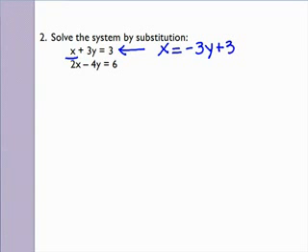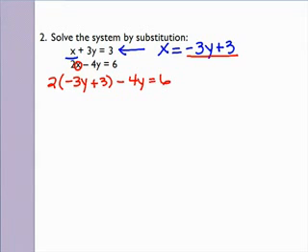So in the second equation, I'm going to replace the x with what x equals. So I have 2 parentheses, negative 3y plus 3, minus 4y equals 6. So we distribute and get negative 6y plus 6 minus 4y equals 6.